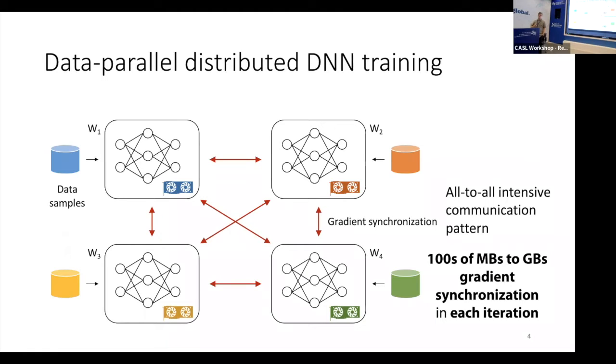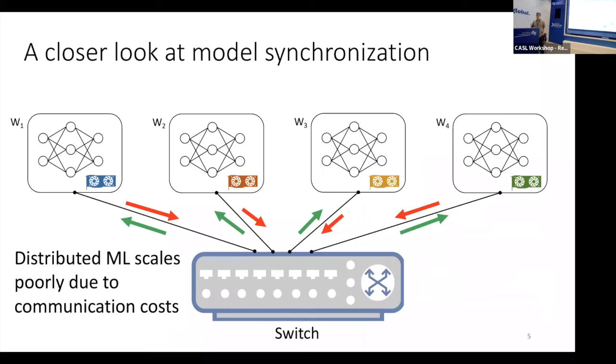But at the end of the day, you have partial gradients computed that you need to synchronize. That synchronization entails a form of all-to-all, very intensive communication pattern where data in the same volume as the model, so hundreds of megabytes, if not gigabytes, needs to be synchronized. If we take a closer look at what happens during synchronization of this gradient data, we determined that distributed machine learning really scales poorly due to this communication cost.